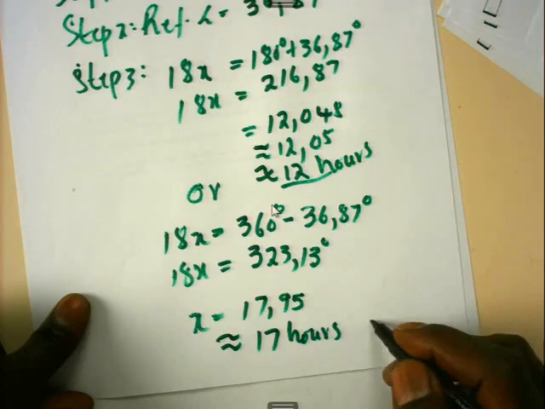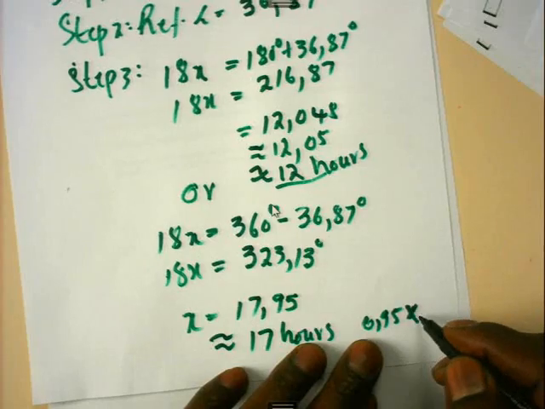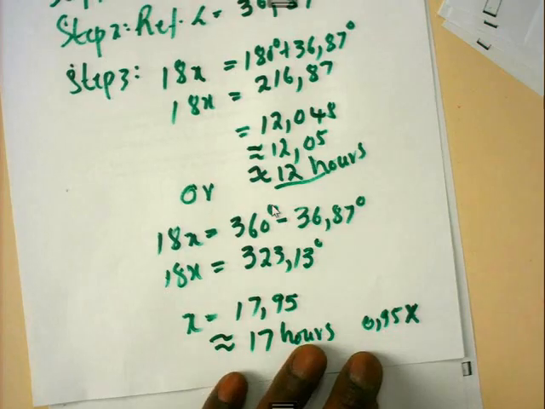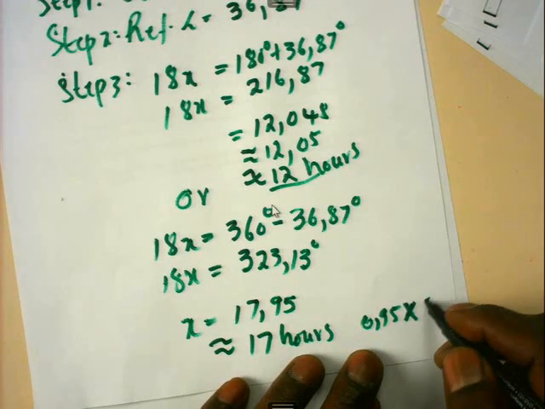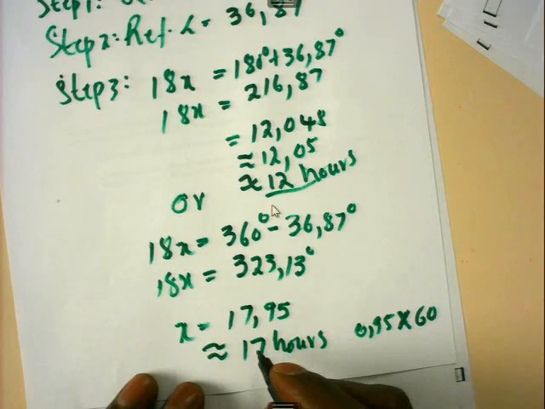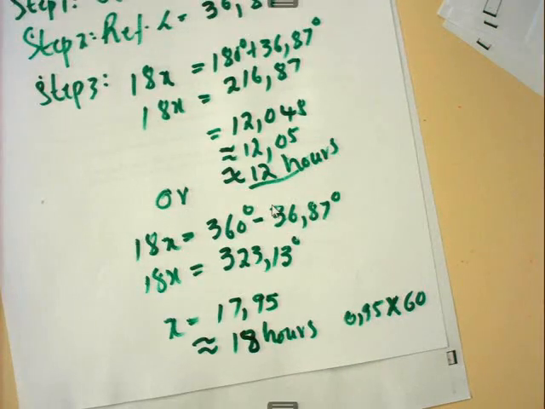Let's check. 0.95 multiplied by, we want to make this to be the hours, we must multiply that by 60, I think. 0.95 multiplied by 60 will be 57 minutes, which is approximately 1 hour. So we will say that is approximately 18 hours.